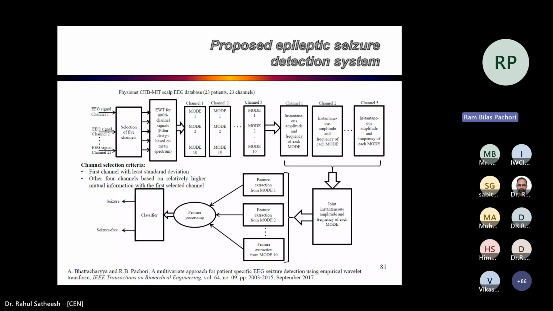So that is the joint amplitude and frequency of each mode, and then we extract features from the different modes, mode 1, mode 2, up to mode 10. These features have some problem, they are noisy in nature, as you will see in the coming slides. Then we have suggested feature processing, and once this is given as input to the classifier, you can nicely detect seizure and seizure-free EEG signals using such a multi-channel, multivariate scenario. Next slide, please.